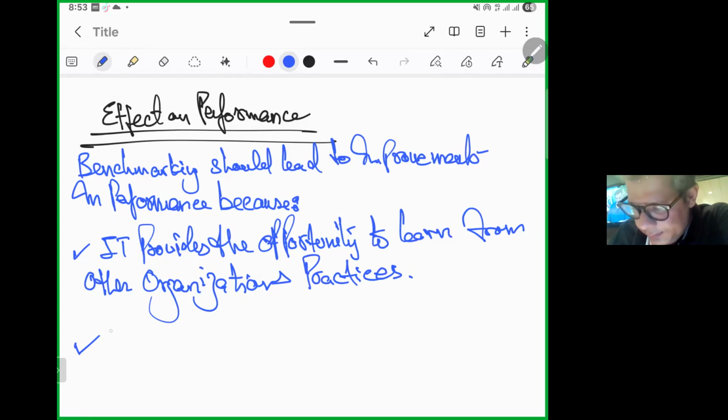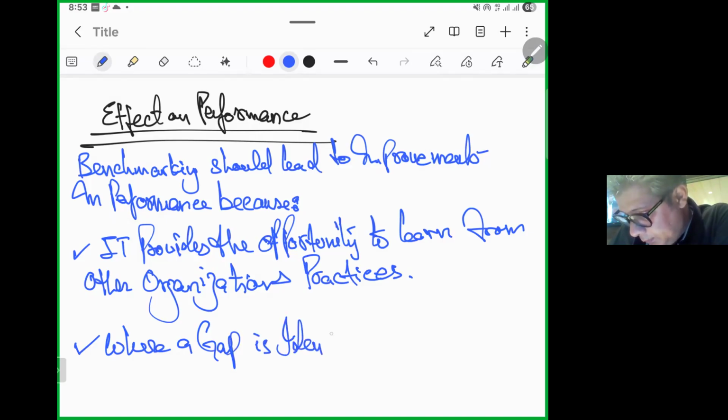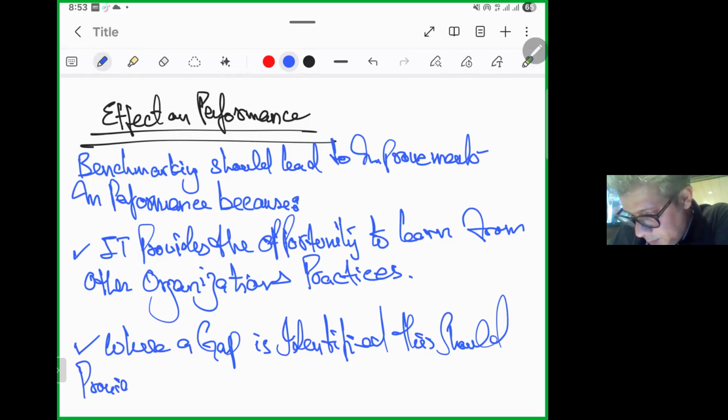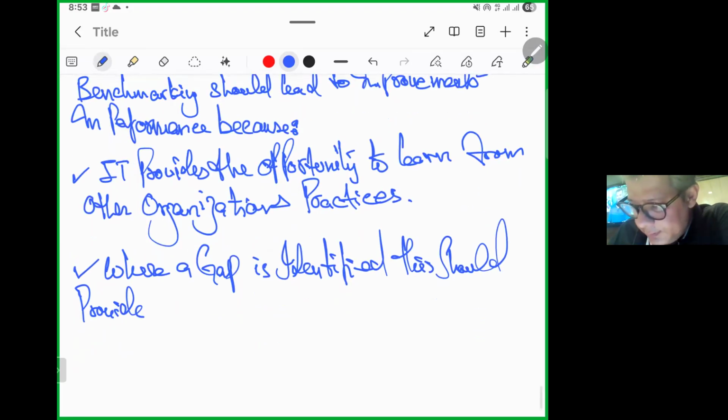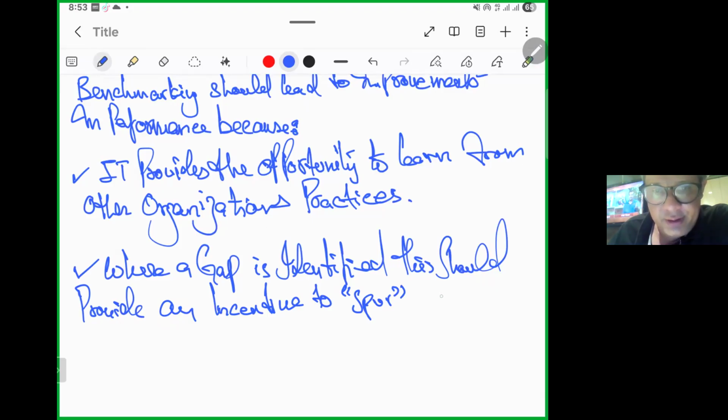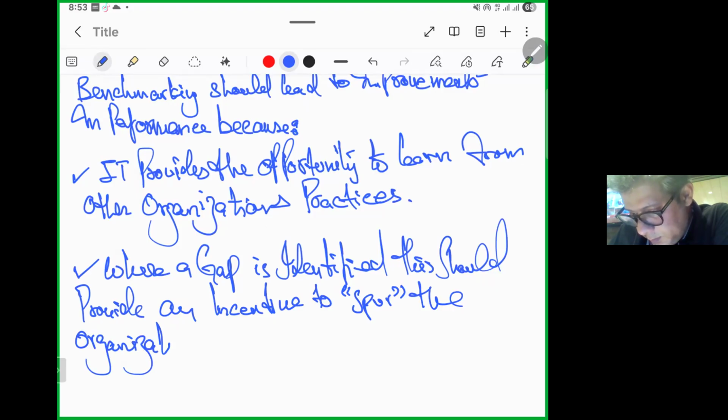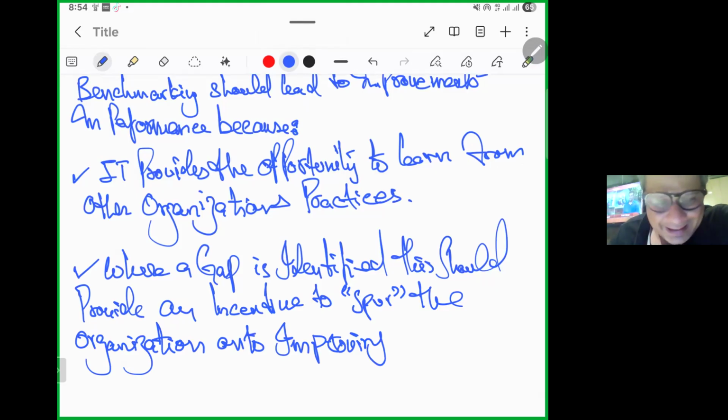Where a gap is identified, this should provide an incentive to spur the organization on to improving the underlying performance.